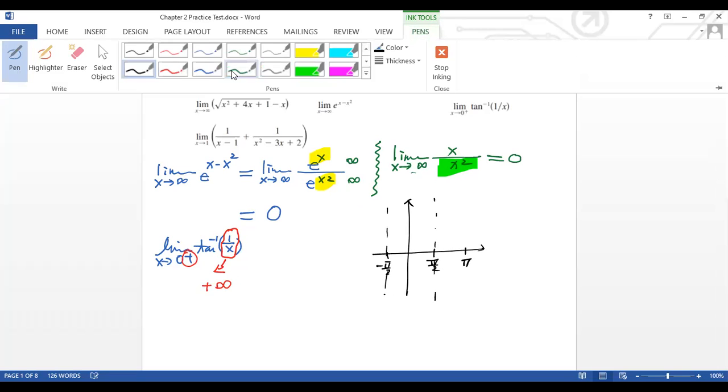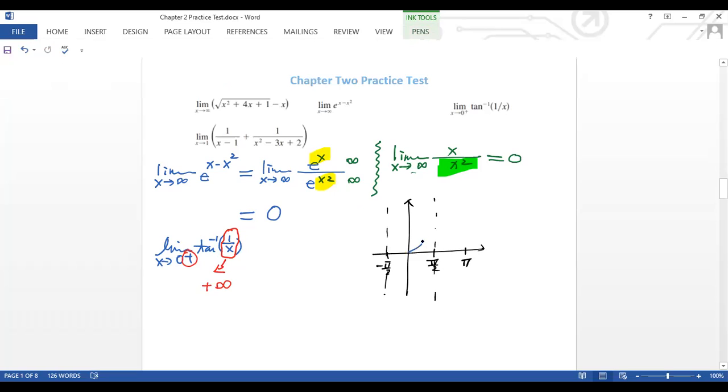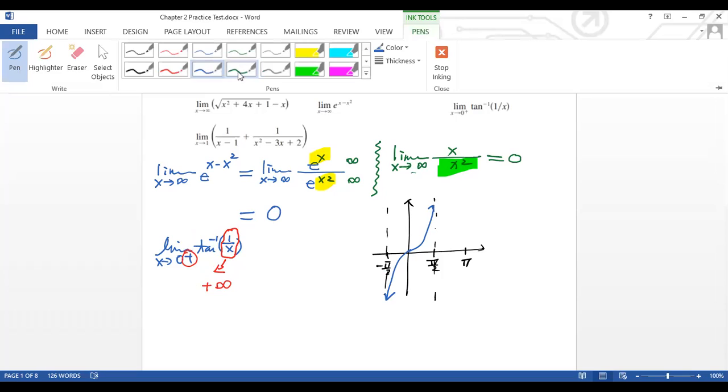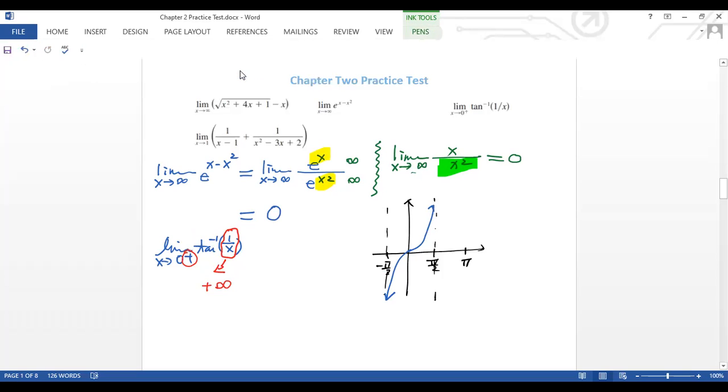I know the tangent is something like this, right? So now the arctangent is going to... So what is the angle that the function goes to as it goes into infinity? So where is that? Which angle here?